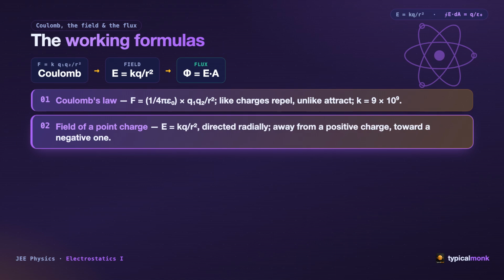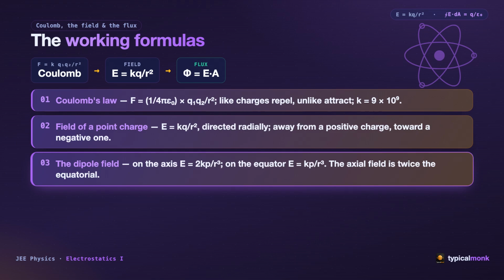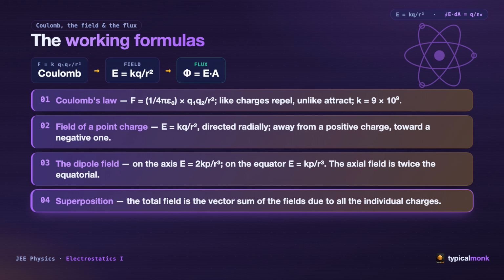The field of a point charge, E equals kq over r squared, directed radially, away from a positive charge and toward a negative one. The dipole field: on the axis, E equals 2kp over r cubed; on the equator, E equals kp over r cubed. The axial field is twice the equatorial.